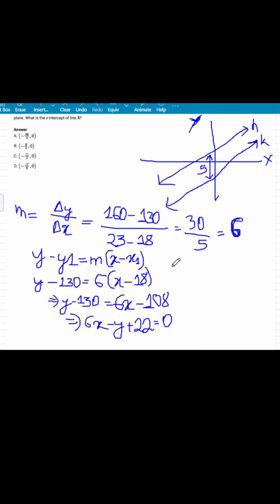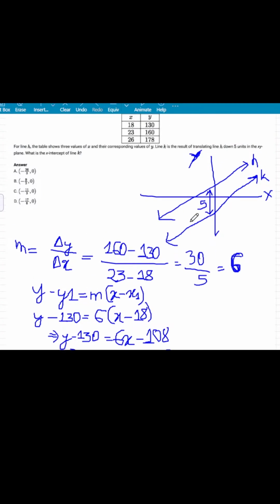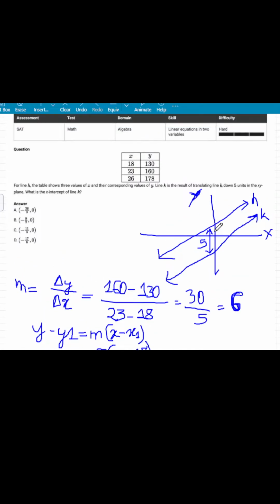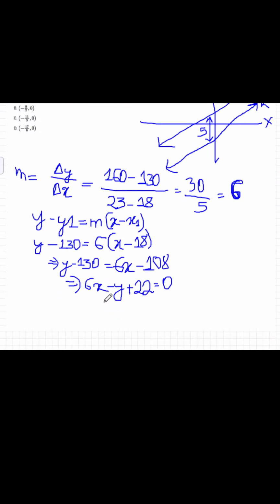Now we can find the equation for the line K. Since it is 5 units down, its y-intercept will have a y-coordinate 5 less than the y-coordinate of the y-intercept for H. So this is how we can translate the line, and the slope is the same because it is just translated down 5 units. So it will be parallel, so the slope will be the same.